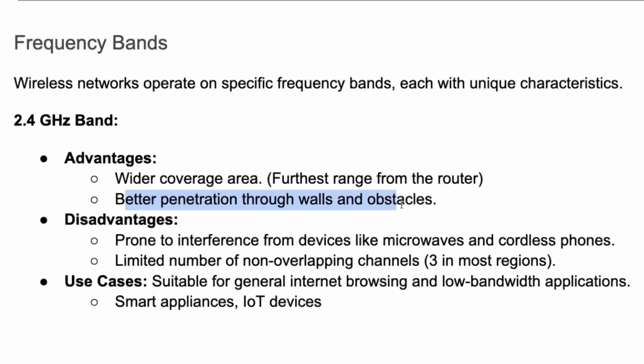This is also better compared to the other bands for penetrating through walls and obstacles. But it's prone to interference because there are only 3 channels available in most regions, meaning you can intersect with other networks.